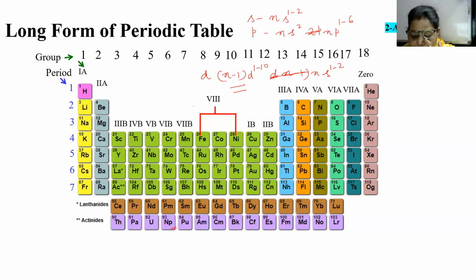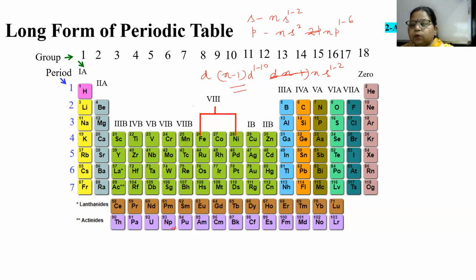A question comes to students' mind: why iron, cobalt, and nickel are all numbered as group 8? See, no logic is there in it, but they are said to be group 8, like we say the sun rises in the east. It's as simple as that.